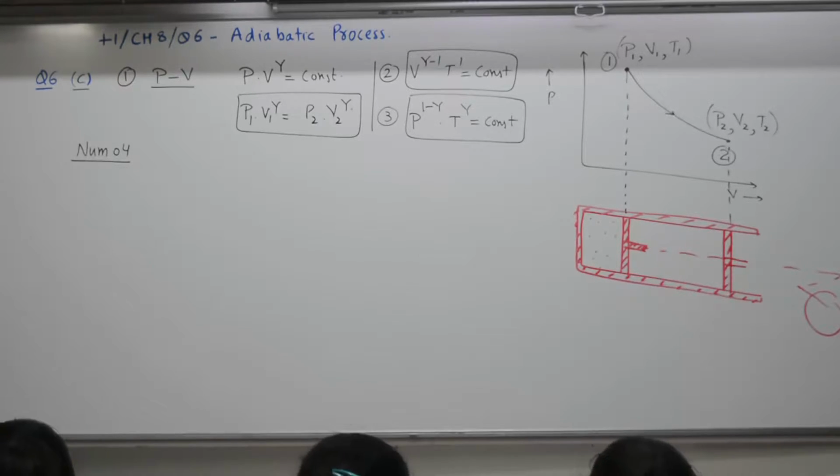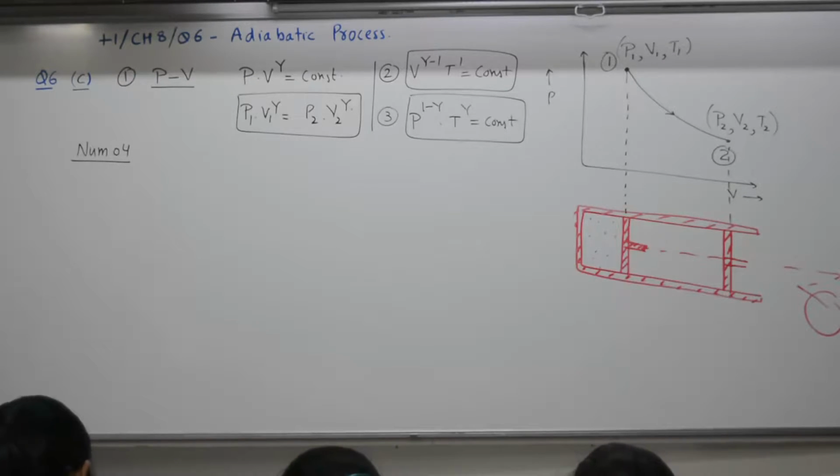Calculate the temperature of escaping air given the initial room temperature is 15 degrees C and gamma for air is 1.4. Write what is given, what is required. It is a discussion about pressure and temperature only.